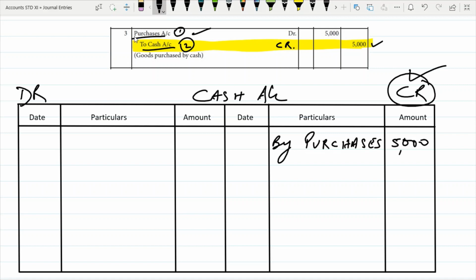Now if you notice, here "by" is not written in the journal. But like in the previous videos, I've explained that in some places like Tally and some accounting software, they write "by" here. So basically it is just taking this entire thing, by purchases. So by purchases, you have to write on the credit side. Now in this case, again, the date is also not given. So we shall just write 3.